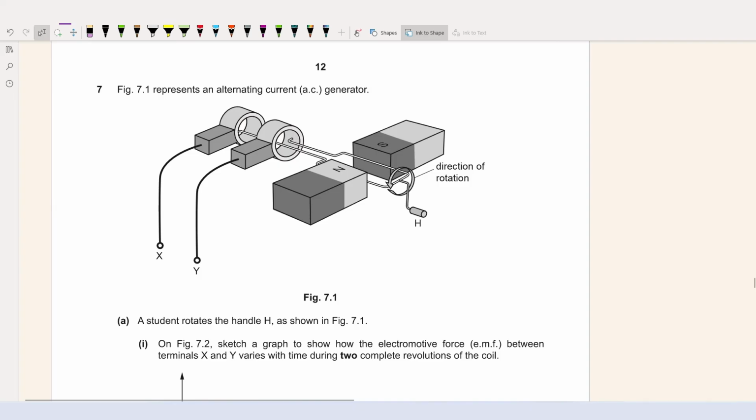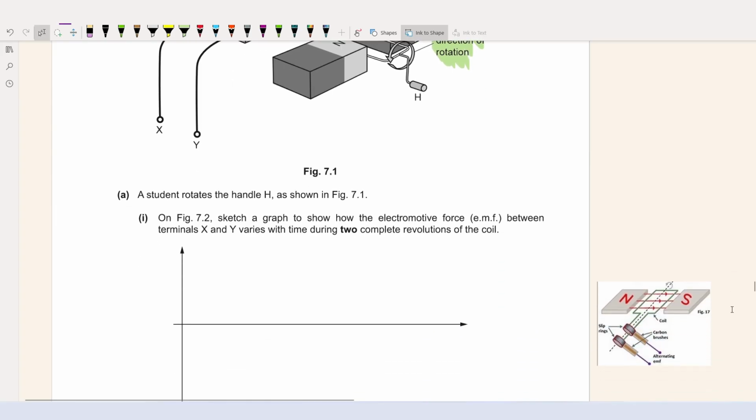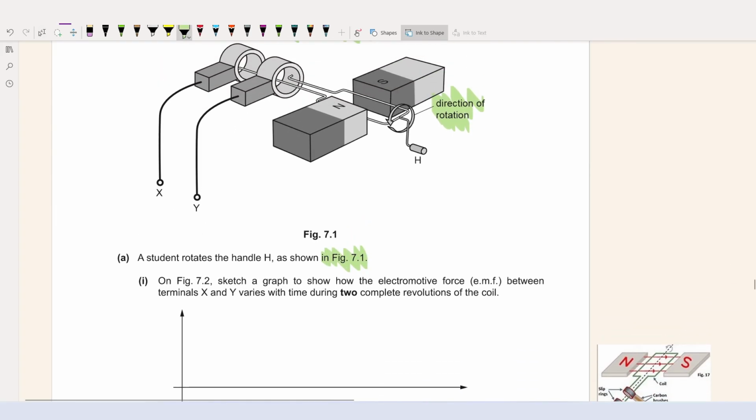Question number 7. Figure 7.1 represents an alternating current generator. A student rotates the handle H as shown in figure 7.1.